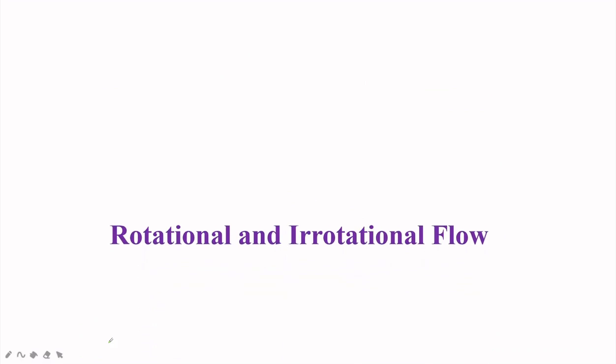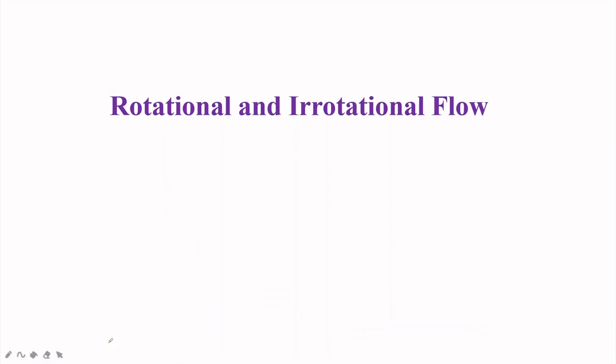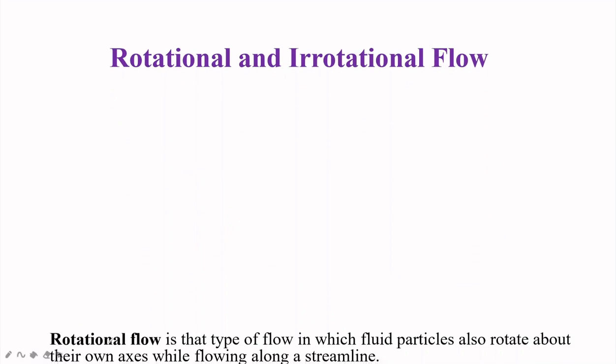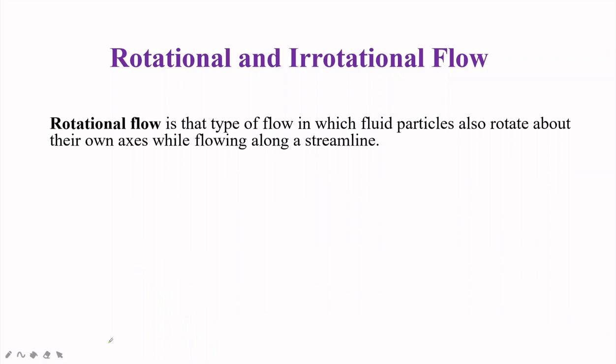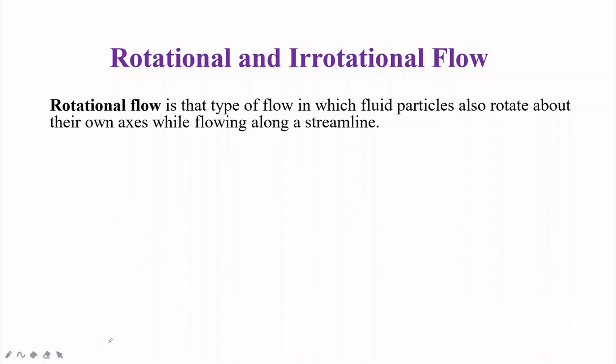Fine. Next, your sixth type of flow is rotational and irrotational flow. Rotational flow is that type of flow in which fluid particles also rotate about their own axis while flowing along a streamline. Whenever a fluid particle flows through a streamline, the fluid particle will also rotate about its own axis.